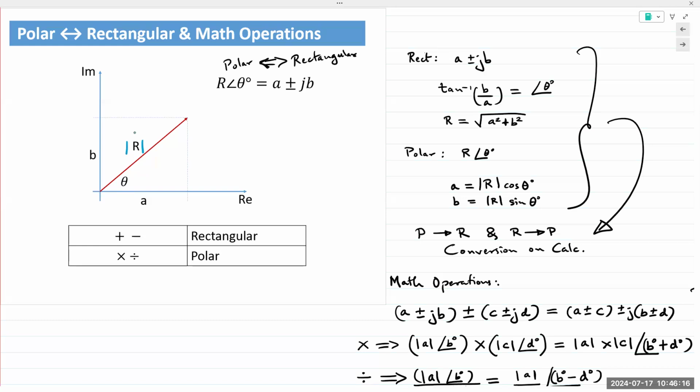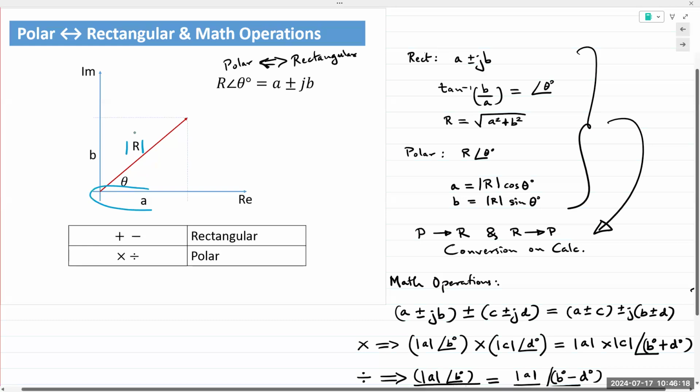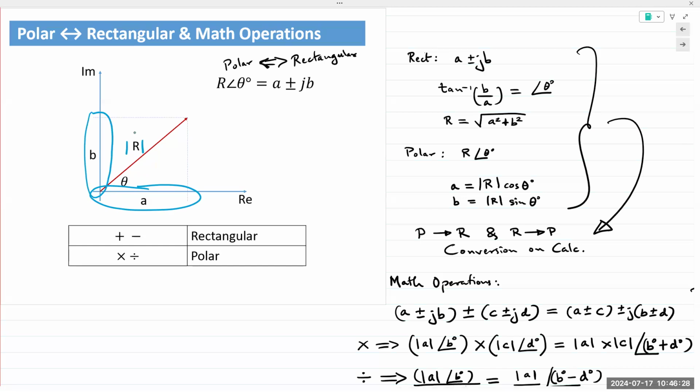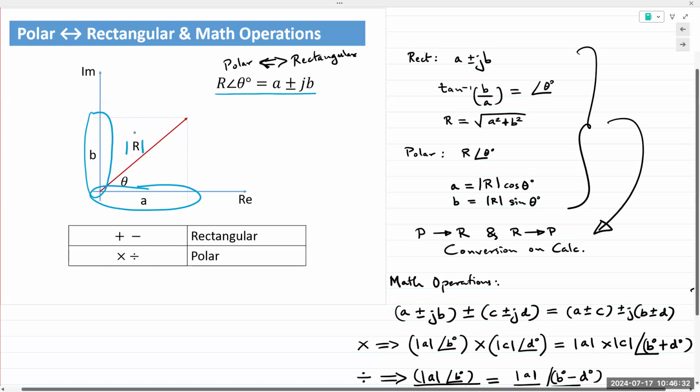The projection of this vector on the real axis gives me the real component A, and the projection on the imaginary axis gives me the length B. So R with an angle of theta becomes A plus jB. It forms a right angle triangle, and that's why you can use trigonometric identities to perform this conversion. Does that make sense?